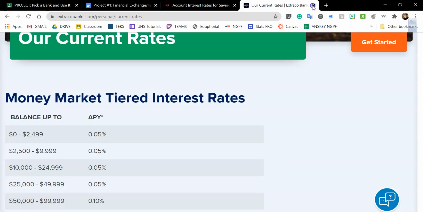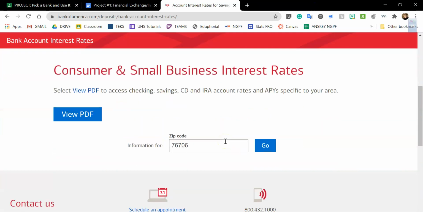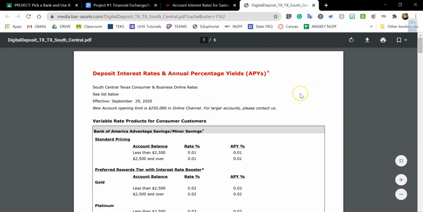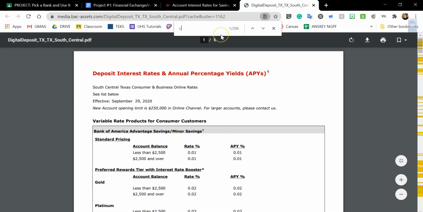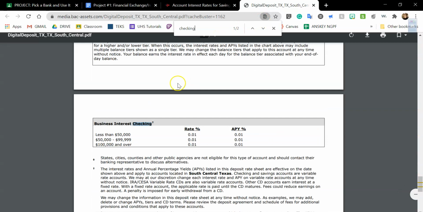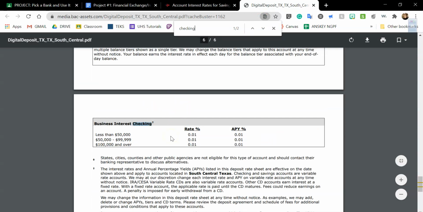Okay, so you're going to look and see what the bank you chose provides. So like here, if you do a Control F, whenever you go to search, you can look up savings. So their savings account is 0.01. You can look up checking, and this is a business checking.